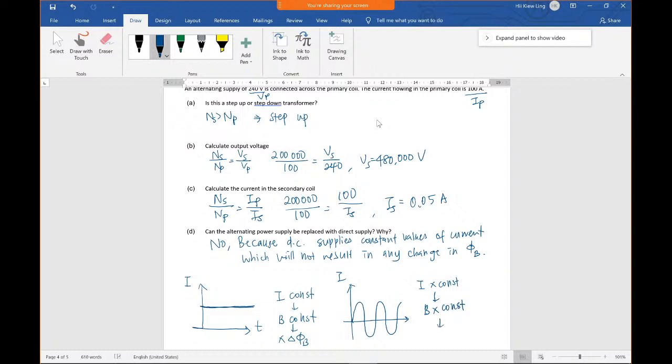Magnetic field not constant means there is a change in magnetic flux. So that's why alternating current is feasible to be applied to the transformer, because the transformer is operated due to magnetic induction, whereby it needs the change in magnetic flux.